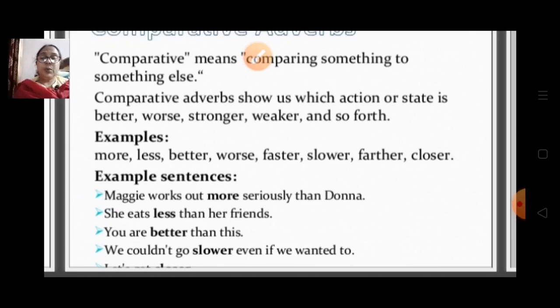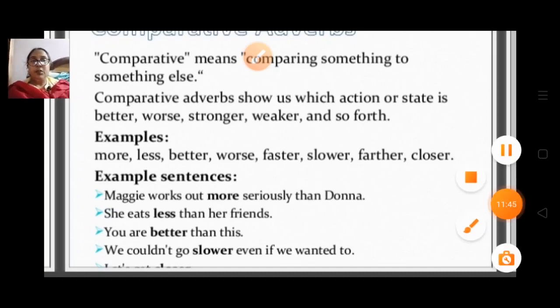Sweetly becomes more sweetly, politely becomes more politely, far becomes farther, badly becomes worse, late becomes later, little becomes less, well becomes better, much becomes more. So these are all comparative adverbs.